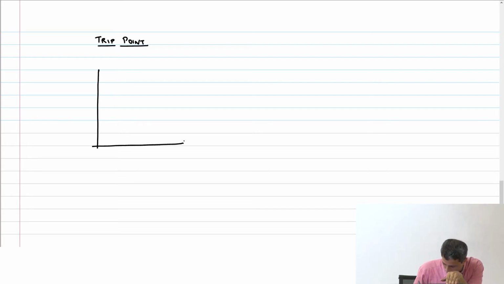So now let's look at this idea of a trip point. V out versus V in, and we said that the ideal curve for this inverter should be like this.